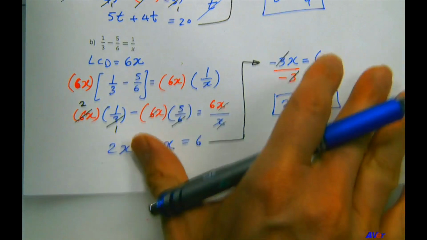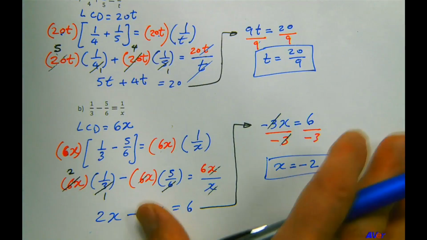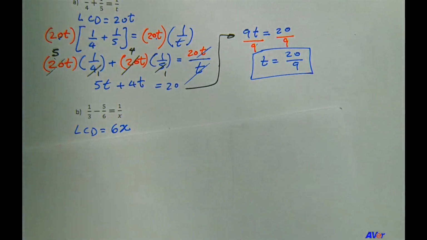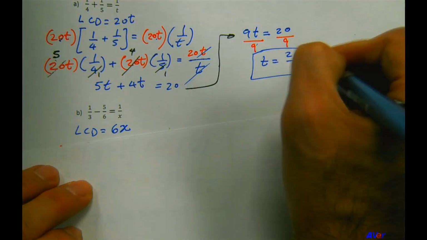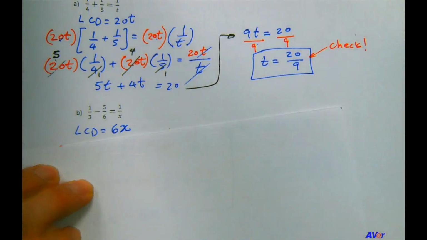So one thing we should do, and I'm going to do this on a piece of scratch paper because I don't have room on this paper, is check. We should check all these answers. So check that answer.